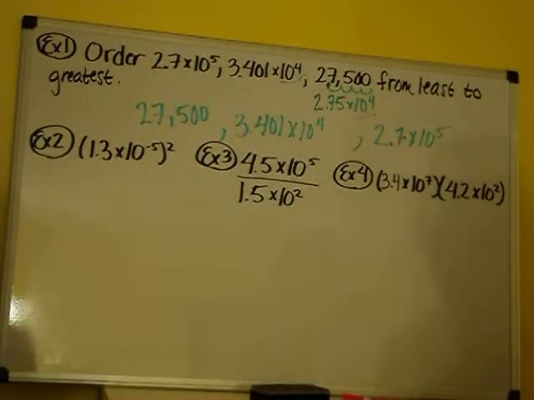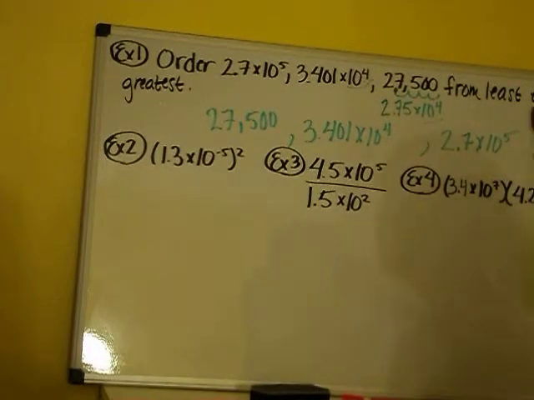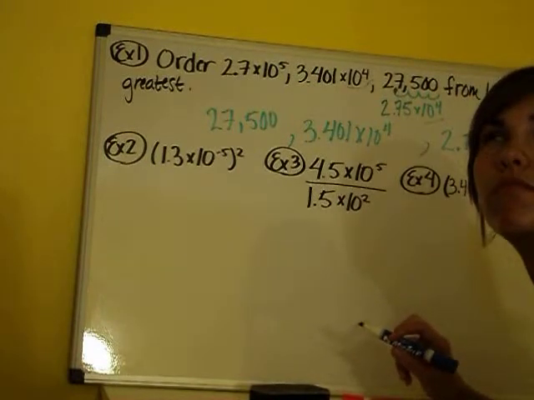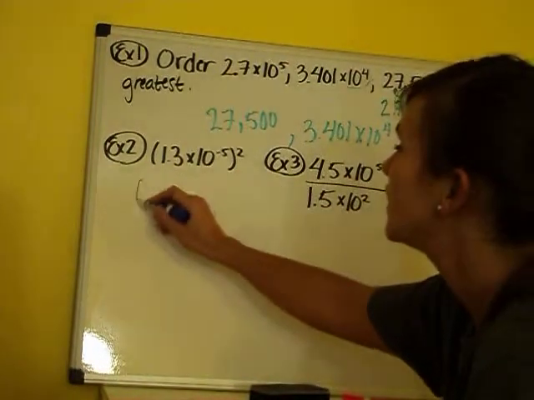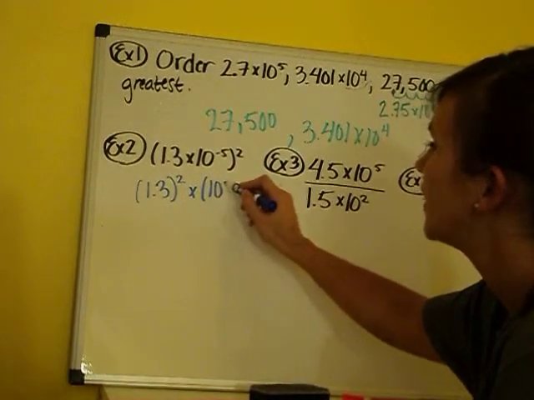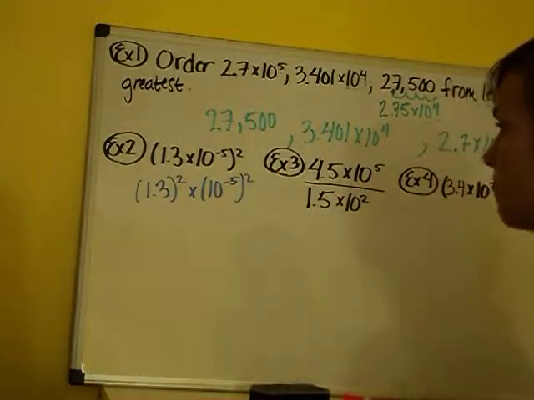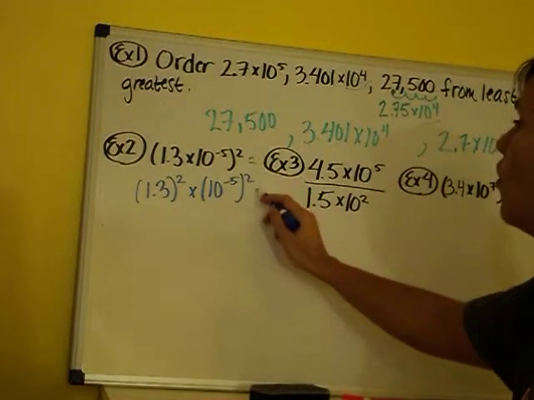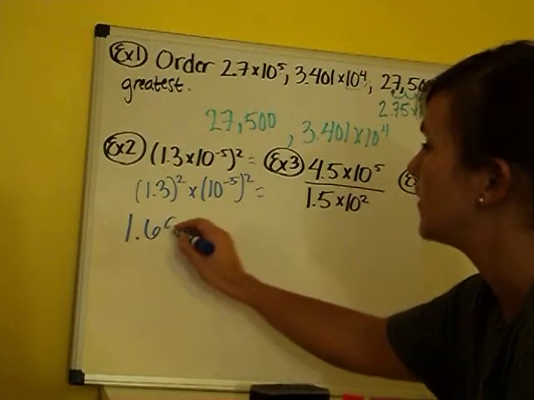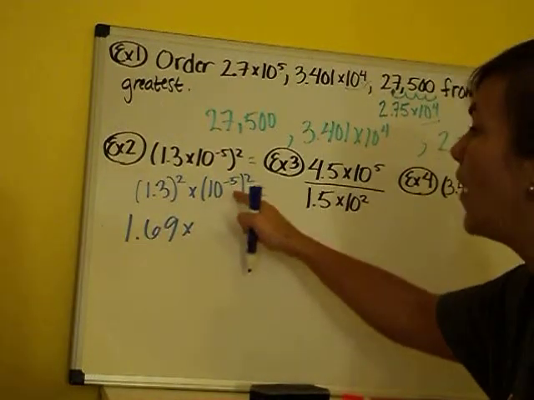Now let's practice our computation using powers. Here we have 1.3 times 10 to the negative 5th, all squared. We're going to use our power of a product property. So we're going to take 1.3 and square it, and then we have our 10 to the negative 5th squared. 1.3 squared is 1.69 times power to a power.